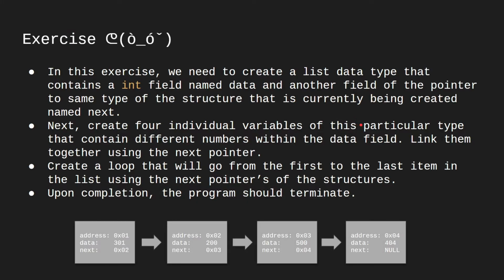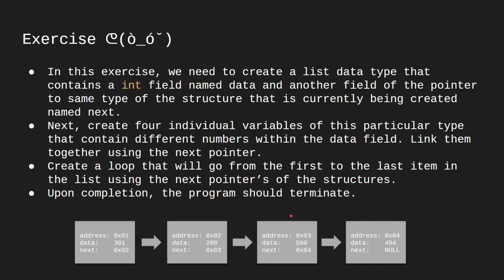So just showing you what this may look like, here is a diagram of how you can conceptualize this process. The first structure here at the top of the list, maybe this is the address 0x01, the data is 301, and the next pointer points to the address 0x02, and we can see that it points to this one, which has different data associated with it, some numerical value, and its next pointer address is actually 0x03.